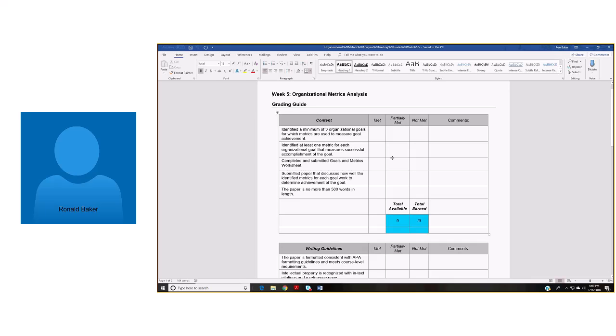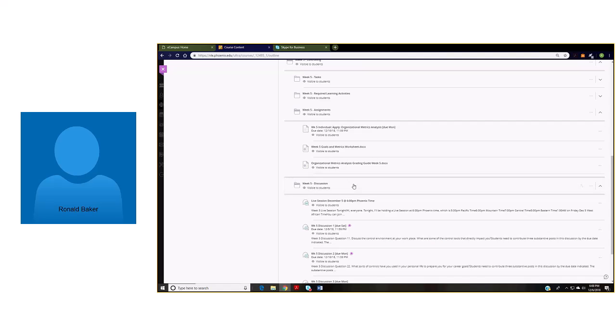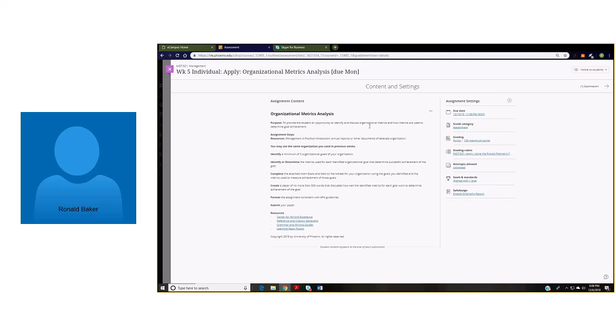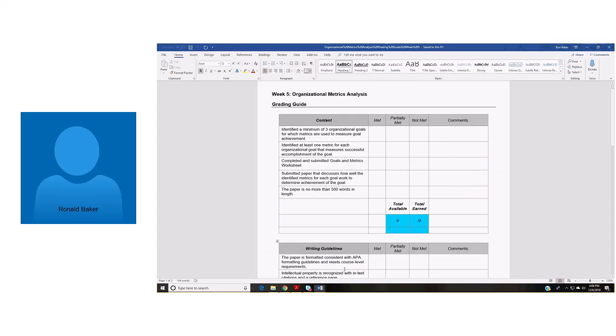Yeah, and there is one little caveat. Let me get back up here to the assignment instructions. This assignment is not worth 13 points. It's worth 130 points. It's a difference between Blackboard Ultra and the other platform that I used to teach this course.